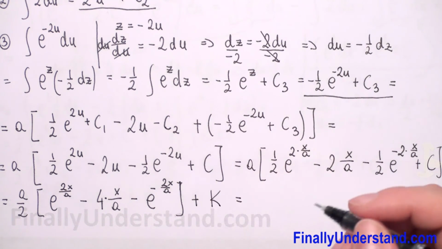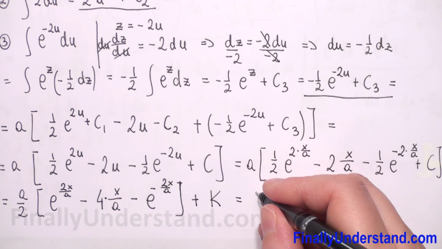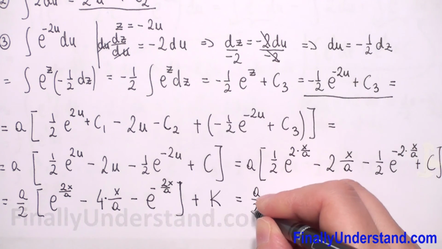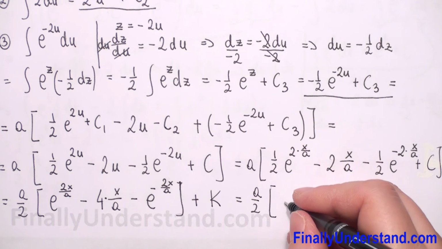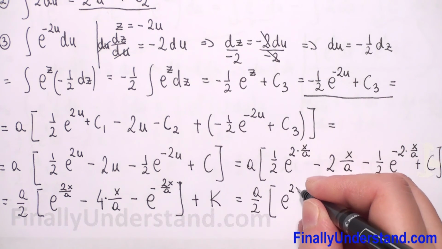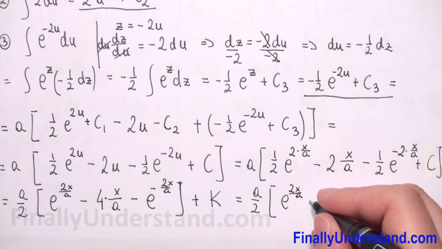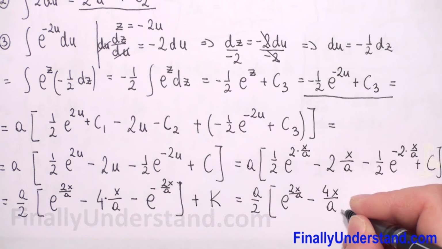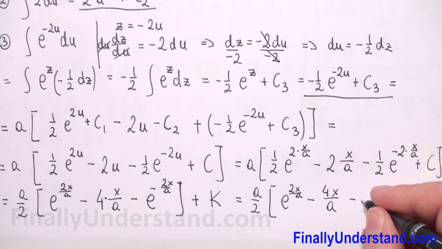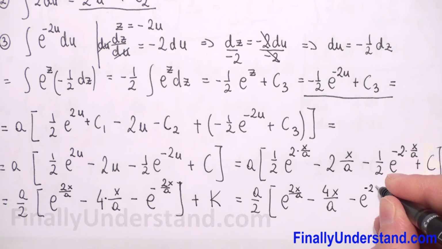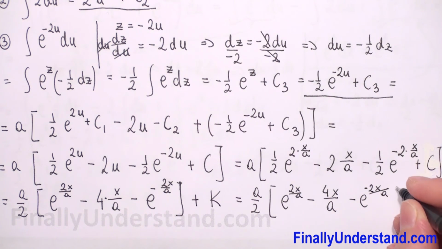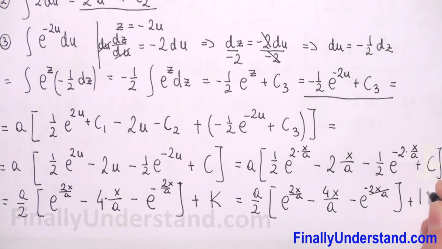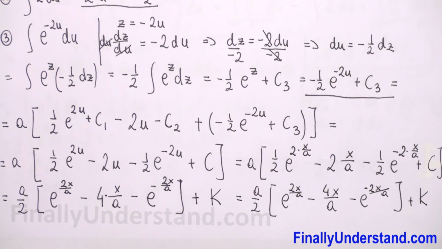So this is equal to, let me rewrite this one more time, a over 2, and in brackets I will have e to the power 2x over a minus 4x over a minus e to the power negative 2x over a plus a constant number. This is my solution.